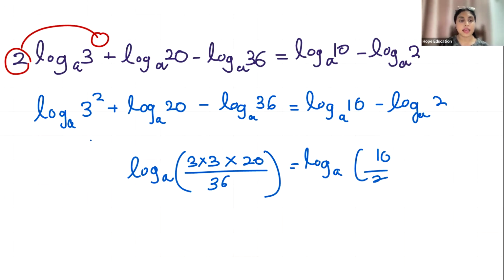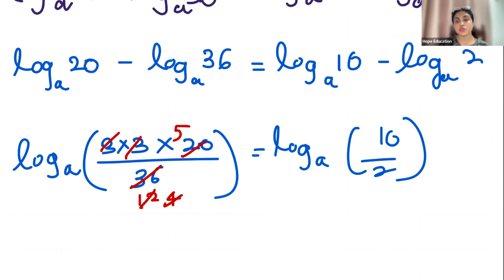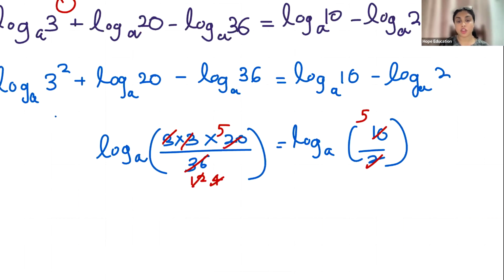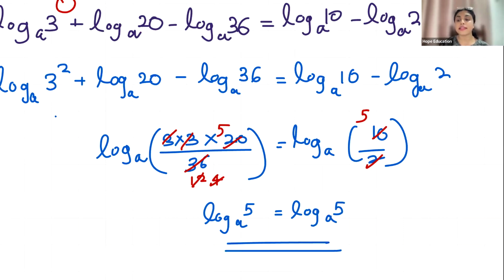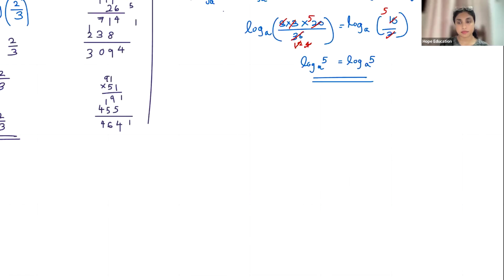So here we can see that 3 times 12 is 36, 3 times 4 is 12, 4 times 5 is 20. Here 2 times 5 is 20. Therefore, on this side I have log 5 to the base A, and on this side also I have log 5 to the base A. Is that clear to all of you, Lamai? Passing to Denuri.